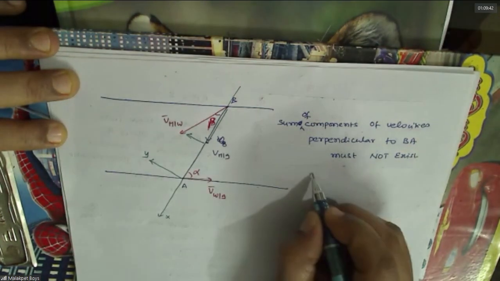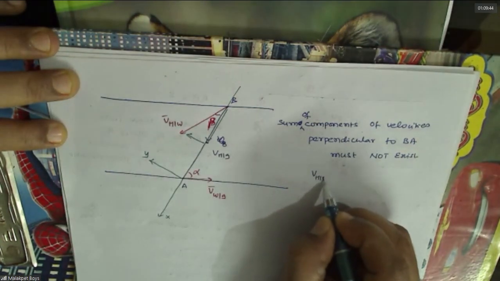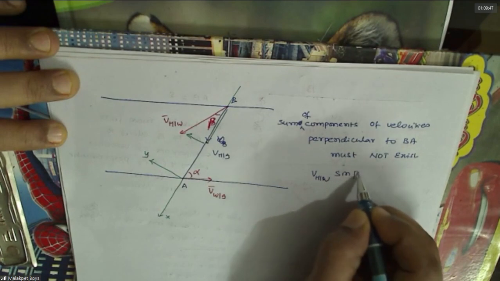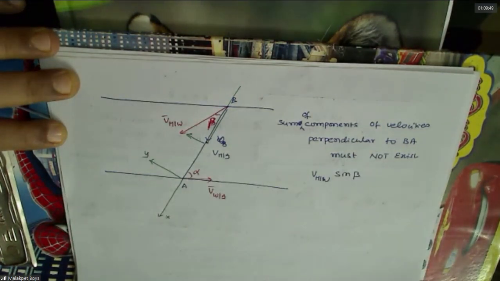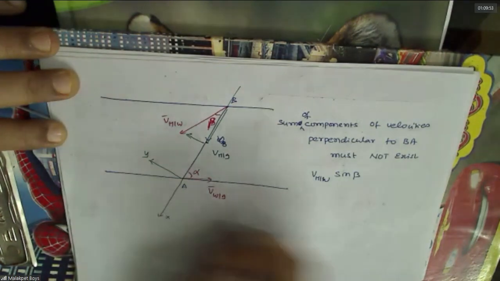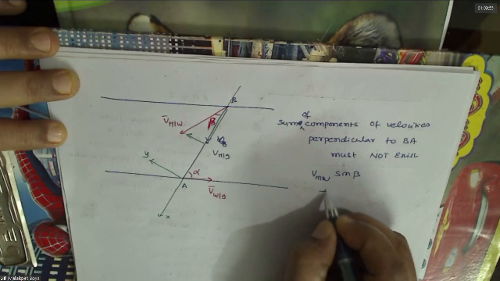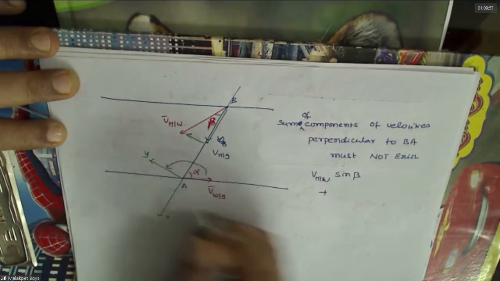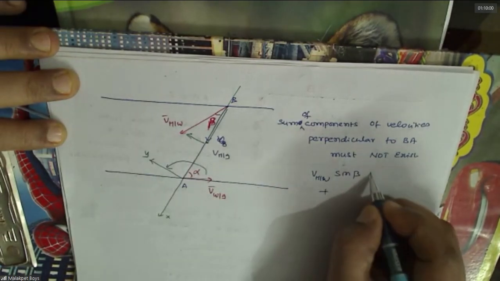Okay, so we have V_MW sine beta upward. And this component in this direction, this is J cap.